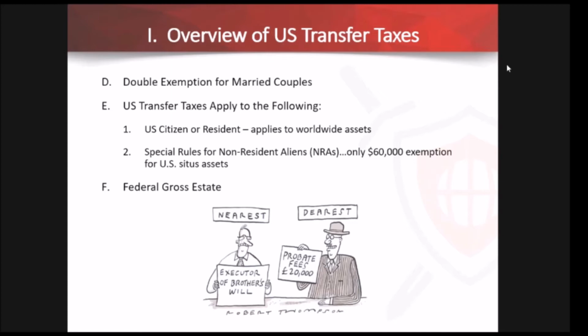Under current law, if you're a U.S. resident, both you and your spouse, if you both are U.S. residents, receive a double exemption amount you can use amongst yourselves. So you get to double it, which is great for planning. You also have an unlimited deduction at death.